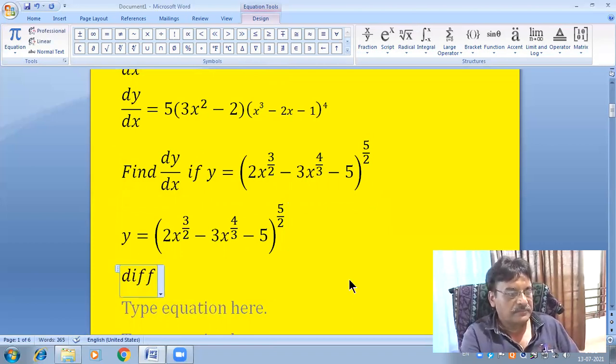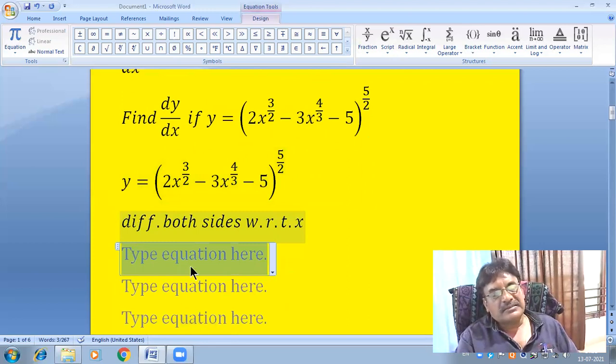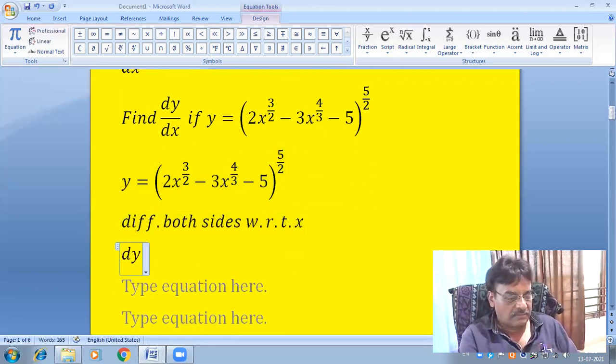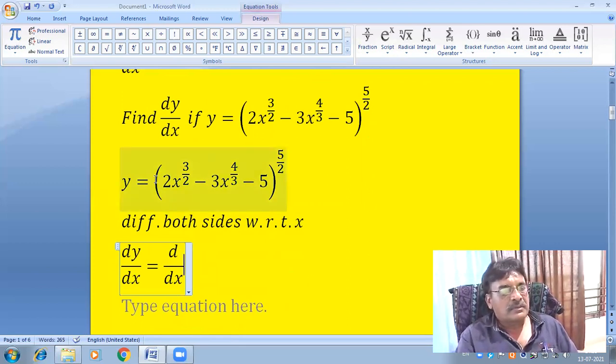So d/dx of y is dy by dx, which is equal to d/dx of this right hand side function.